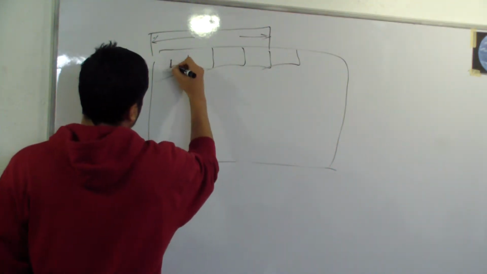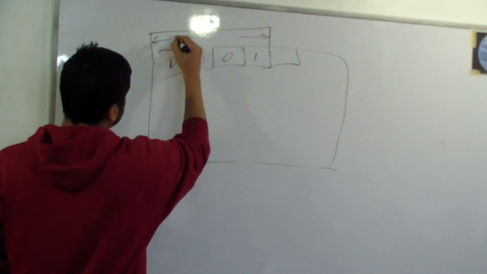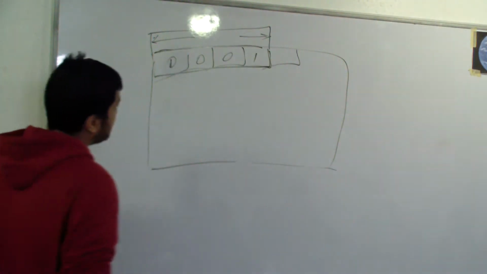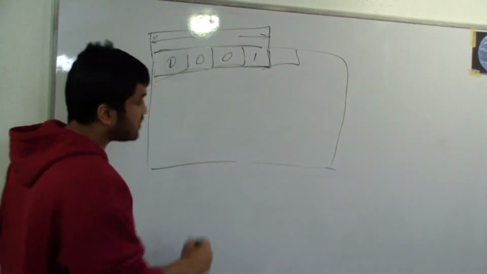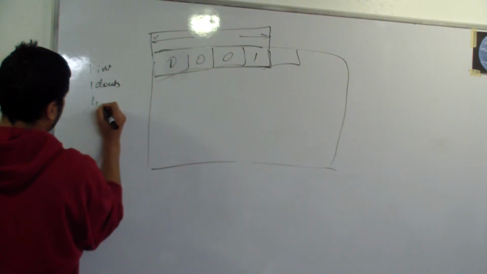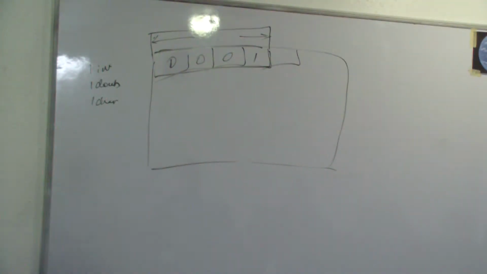This is a memory segment we can assume. Everything inside of this starts at this point. That's it. If you have 50 parameters over here, one int, one double, one char, everything will start here.